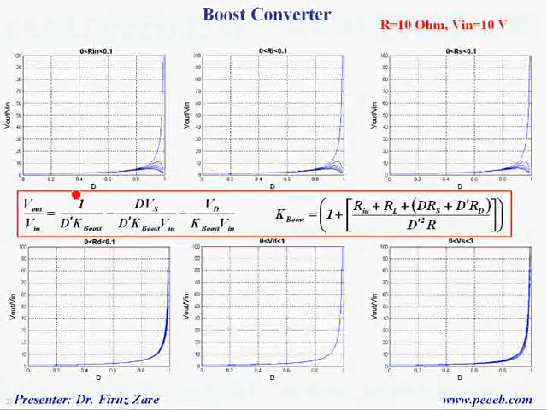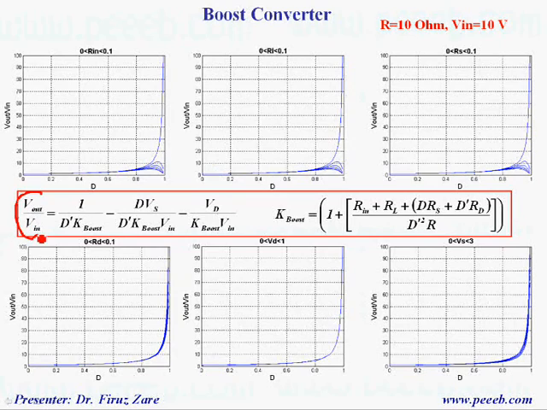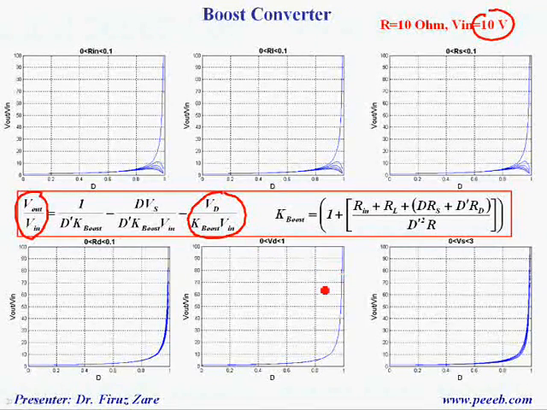We can also look at the conversion ratio when the input voltage is 10 volts. In this case, again, this factor is not significant. That means the voltage drop across the diode cannot change the conversion ratio significantly.